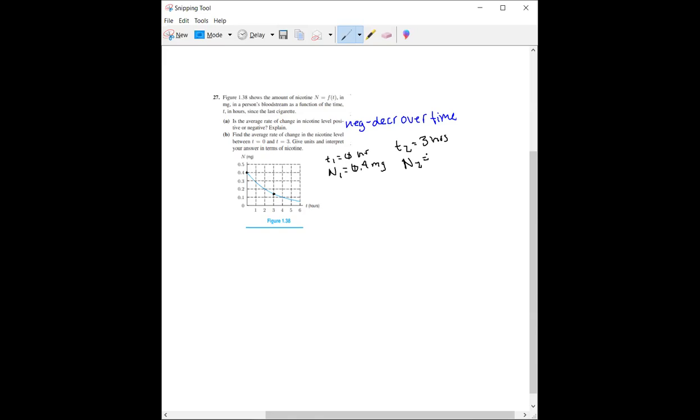is that 0.15, would you say? Might be a little bit less, but it's about that. We have to estimate. We're working off of the graph.